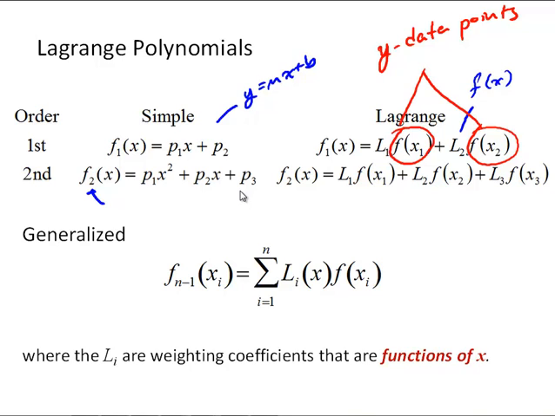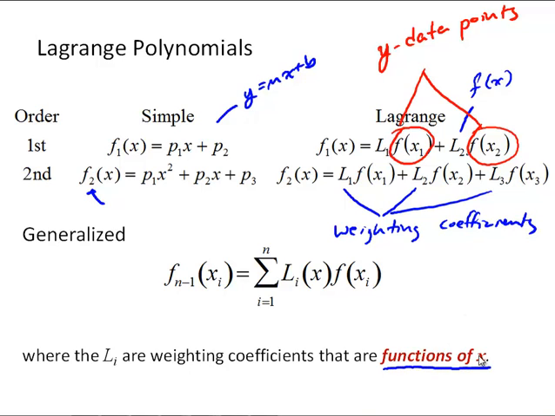Written in Lagrangian form, it would be L1 times f of x1 plus L2 times f of x2 plus L3 times f of x3. Again, these f of x's on the right hand side are y data points, and the L's are all going to be weighting coefficients. And again, they are functions of x.